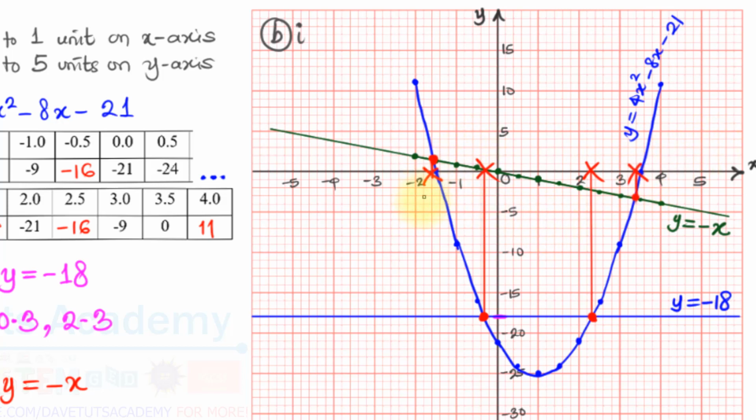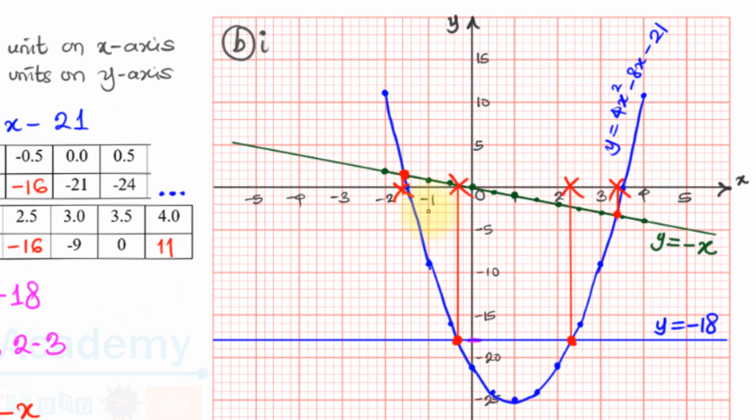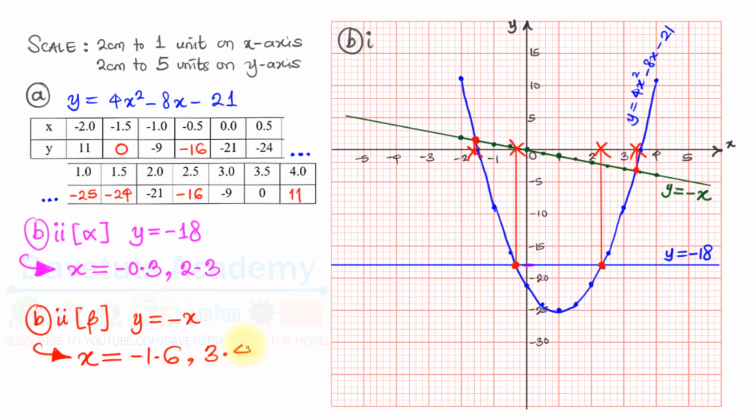Looking at that, just the same way we evaluated the previous one, we can see that x is equal to minus 1, minus 1.2, minus 1.4, minus 1.6, or in the other case, we have 3.2, 3.4, or x is 3.4. Okay, so those are the values that we need to note, and with it we have been able to answer the question on this graph as appropriate. Right?